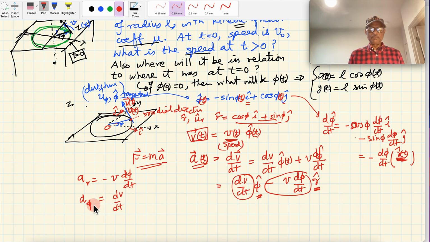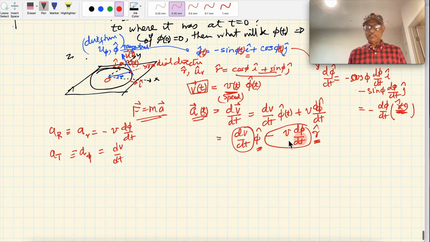Sometimes the radial is called capital R. It's denoted in several ways. All it is is which part goes with what.